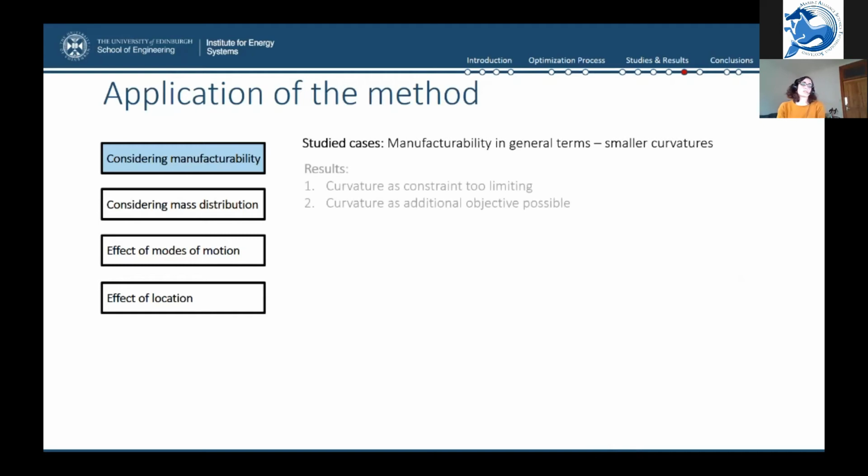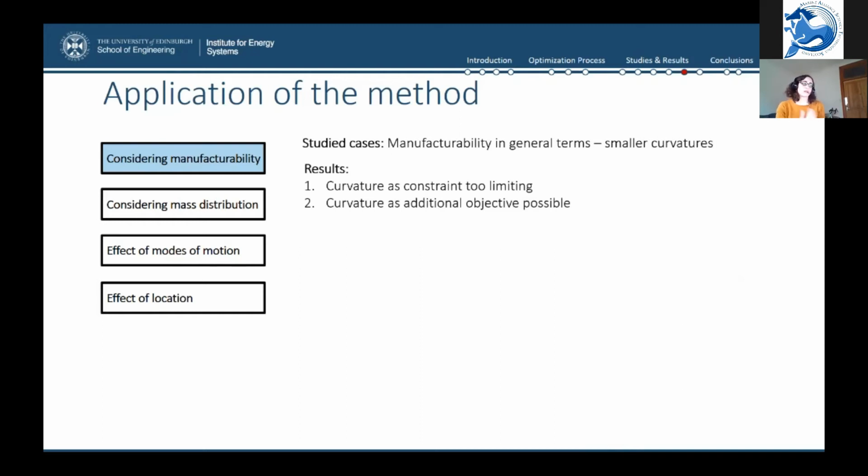And so I tried to first constrain the maximum value of curvature occurring in a given shape. But this was too limiting, and it was very difficult to generate enough feasible geometries that would fulfill this constraint, even trying different numbers for this maximum curvature constraint.